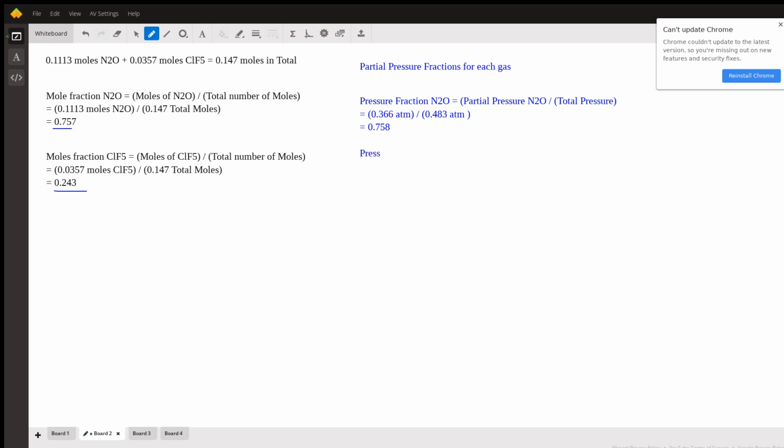And the pressure fraction of ClF5 is equal to the partial pressure of ClF5 divided by total pressure.